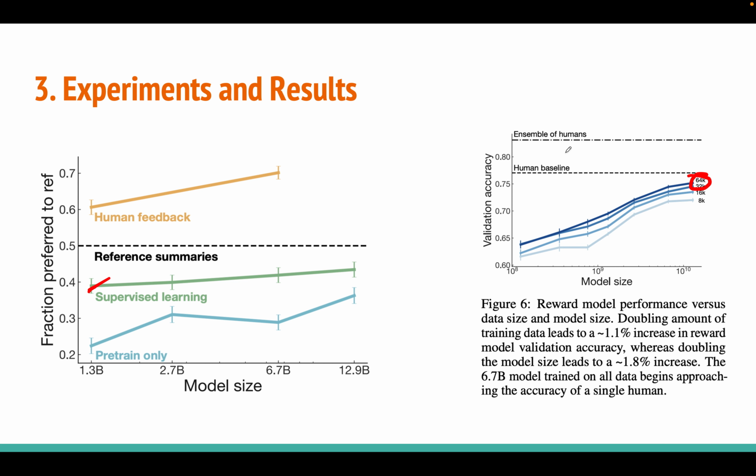So the ensemble is also not 100% accurate. But overall, with a good enough model, trained on a big enough data set, we can actually predict human preference for a given summary.